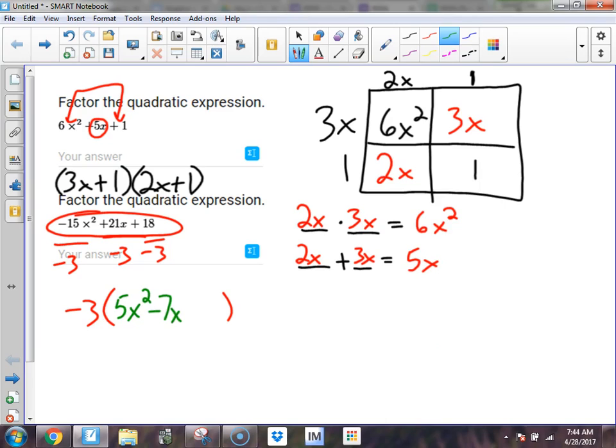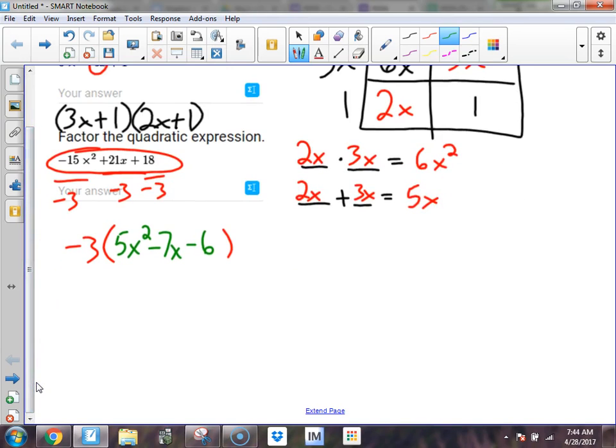And then 18 divided by -3, -6. Okay, so my final answer is going to actually have that -3 be a part of it. It's going to be on the outside of two sets of parentheses. But I'm not done factoring yet. I got to see if this right here is factorable.